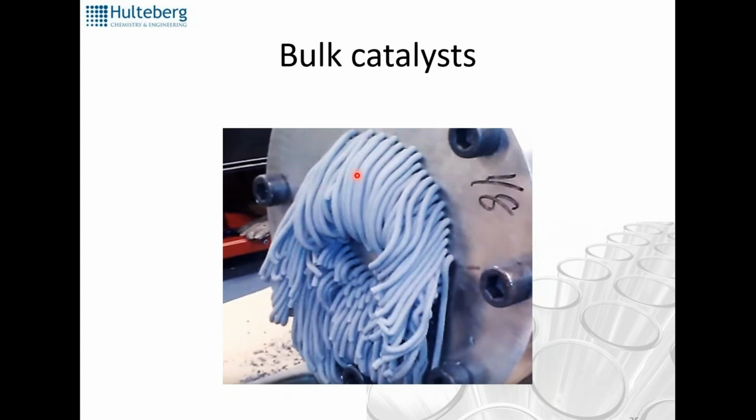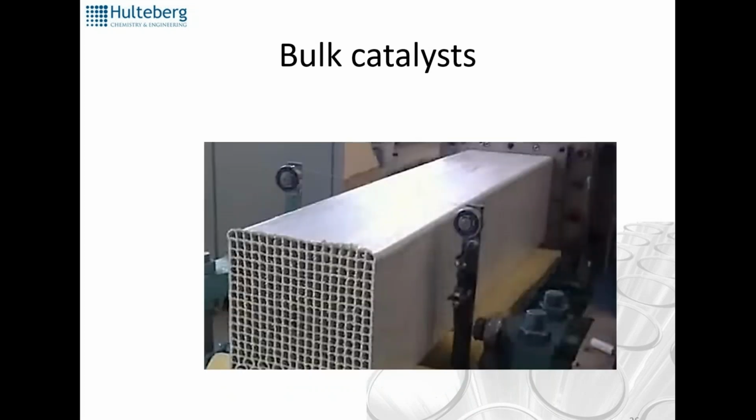You put these in a dryer, and then you break them up in some kind of grinder, and then you sieve them to make sure that too long and too small particles are gotten rid of, and then you use the final material in calcination for stabilizing the material in the final shape. But you can also do other extruded shapes.